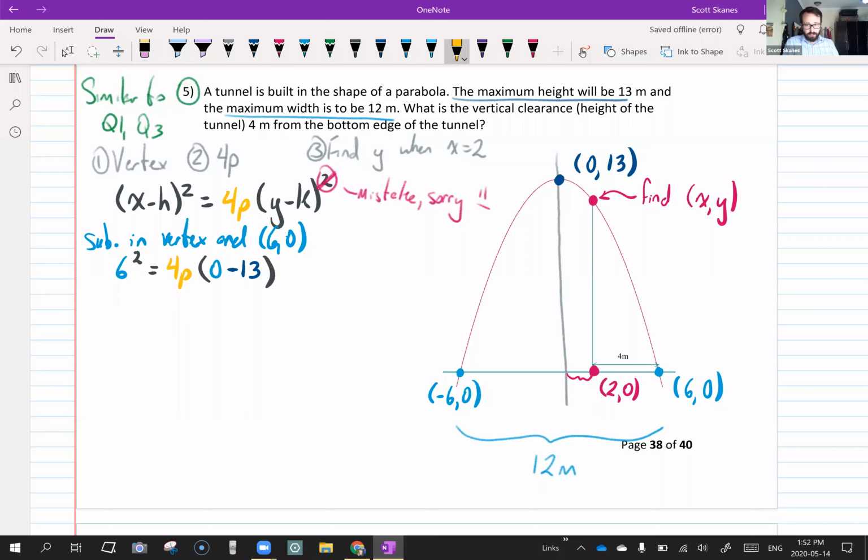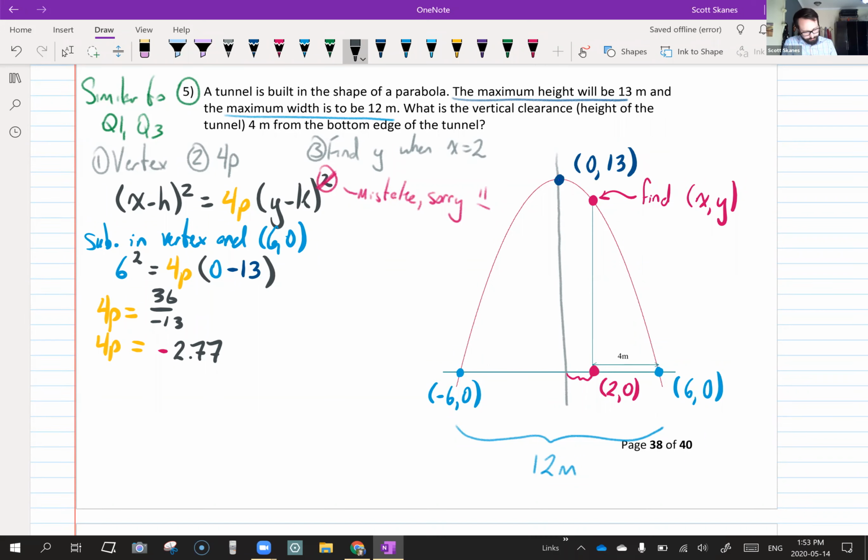So it looks like that's what we're going to get. Abdelkader said that. 4p, we have 36 over negative 13, which really means that 4p is something around negative 2.77. If you're not getting a negative, something is wrong, because we know that this thing is going downward.